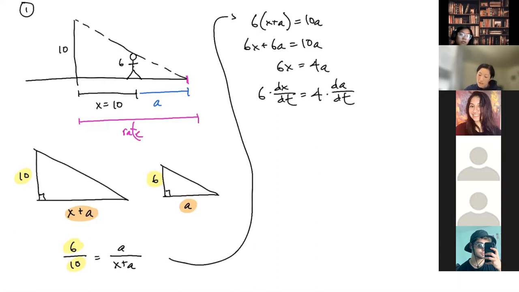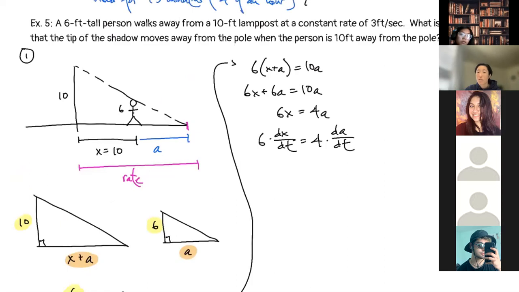Okay. And let's go back and see. There's one last number we didn't use yet. This constant rate of 3 feet per second. Is that 3 feet per second the dx dt or the dA dt? Like, is that how fast the x distance is moving or how fast the shadow is moving? All right, we've got one guess for a dA dt, 2 guesses, 3 guesses.